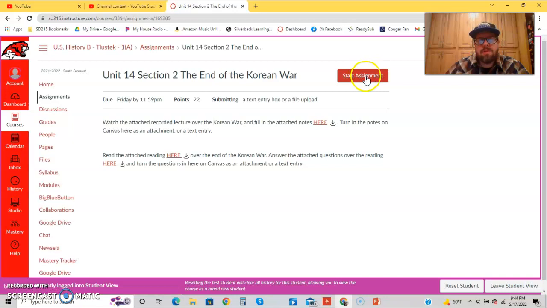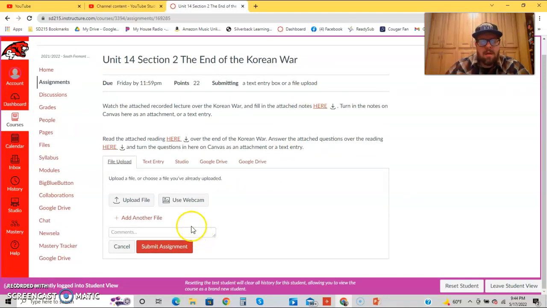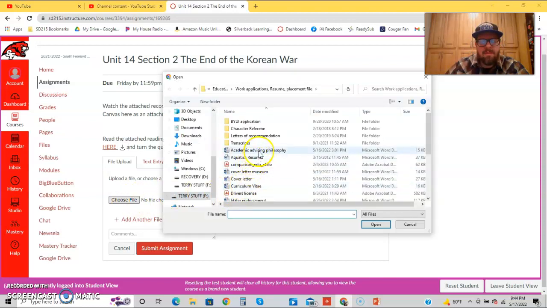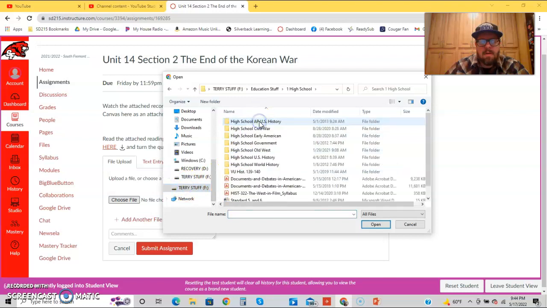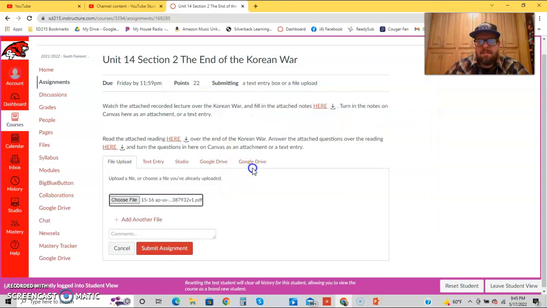You would go to Start Assignment. And then right here where it says Upload File, you would click on that. Choose your file, whatever file you've got there.